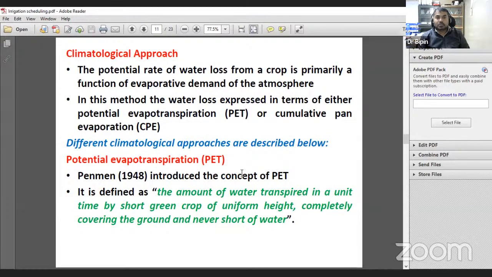Penman introduced the concept of potential evapotranspiration. This is the method through which you can judge when to irrigate. It is the amount of water transpired in unit time by a short green crop, as I was telling about potential evapotranspiration in the previous slide. The same concept we can use here for scheduling irrigation.